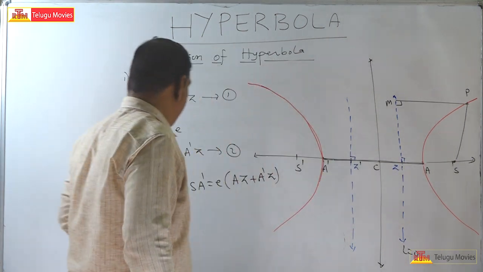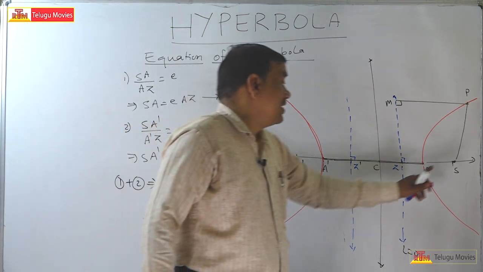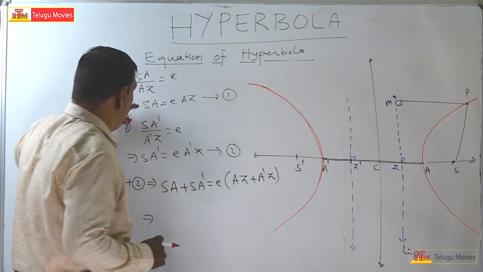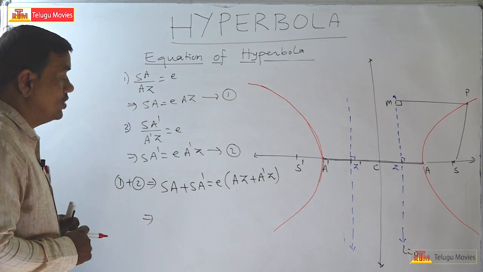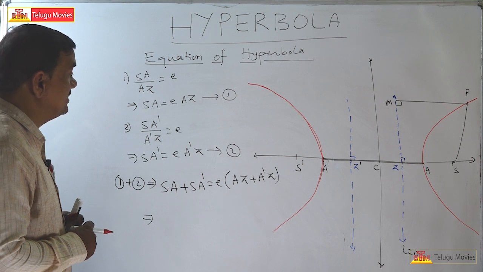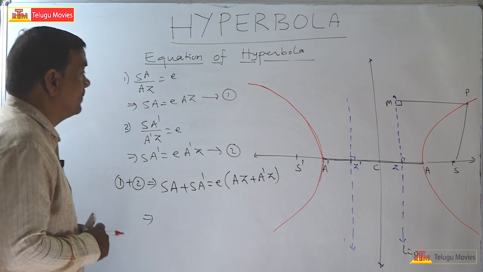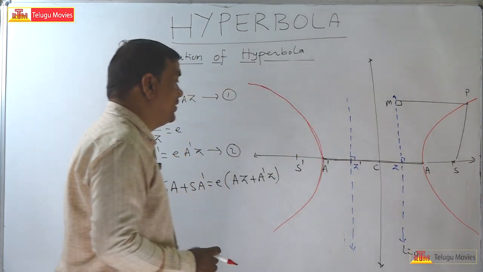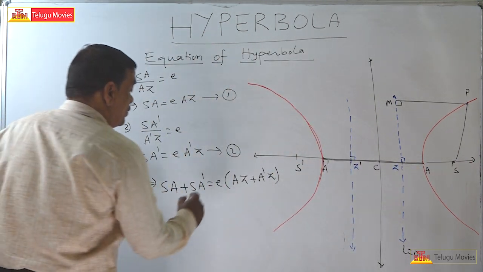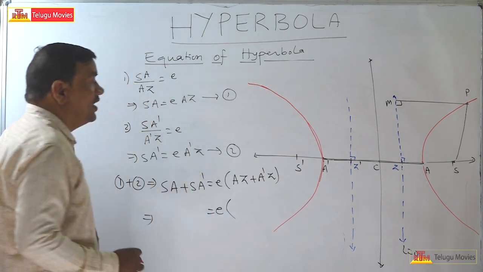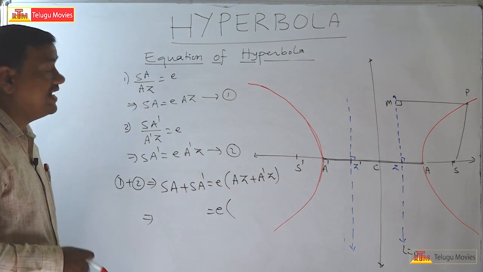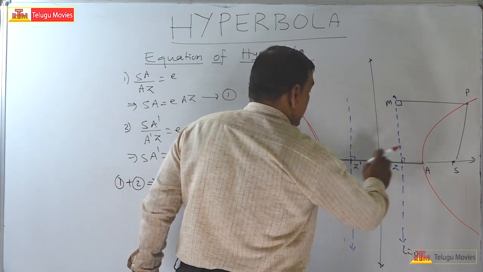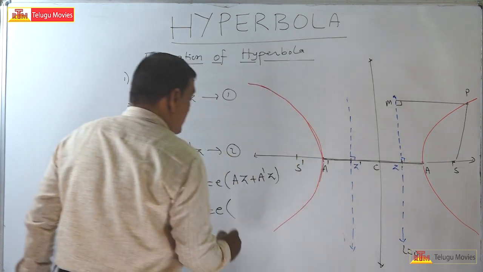AZ plus A dash Z is nothing but AA dash.